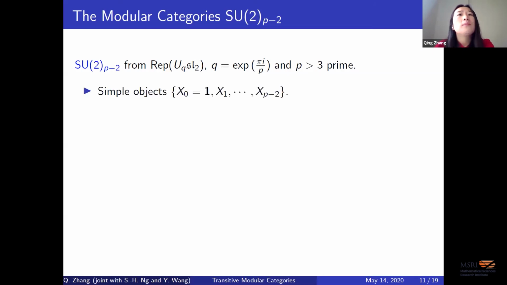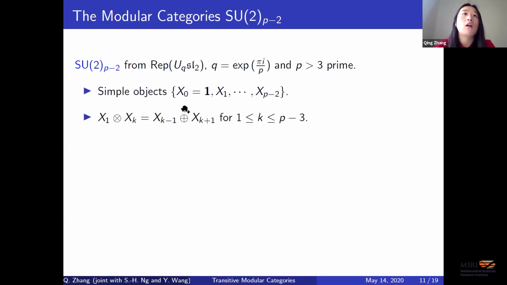It has P-1 simple objects, and we label them starting from 0 to P-2. And X1 is a generating object. And here is an example of tensoring with X.